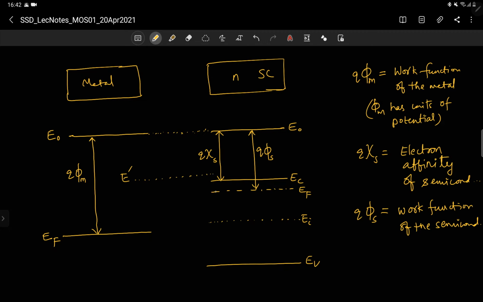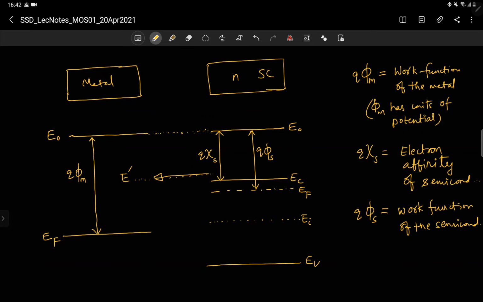You will see that the occupation is more in the n-type semiconductor than in the metal, because the metal Fermi level is much below. So the occupation in metal at E dash is much smaller than in the n-type semiconductor. So even though the concentration of electrons is less in the n-type semiconductor, its concentration at a given energy level is still more.